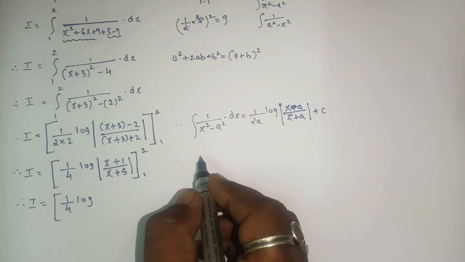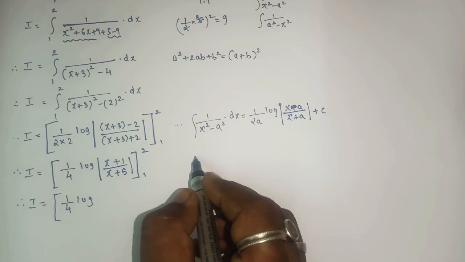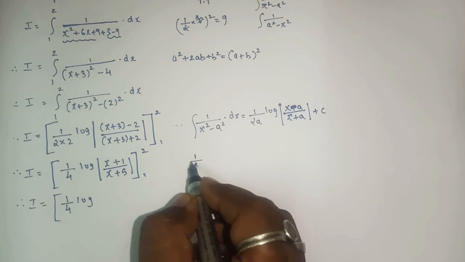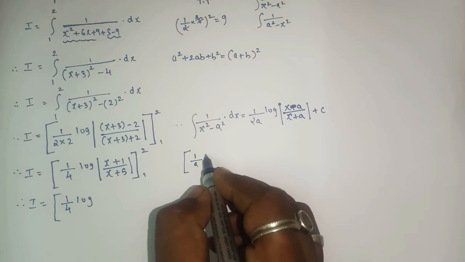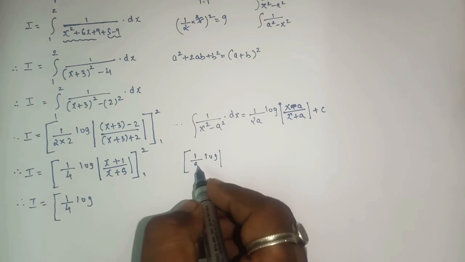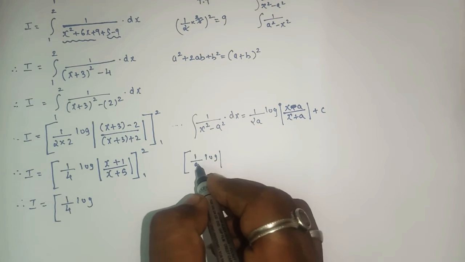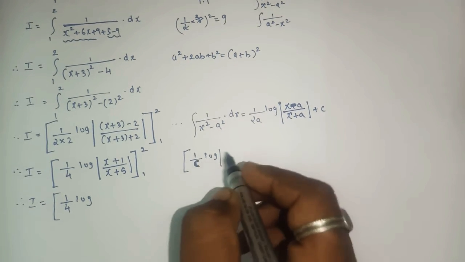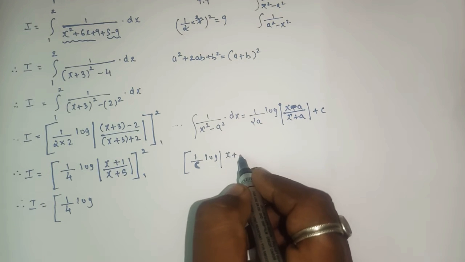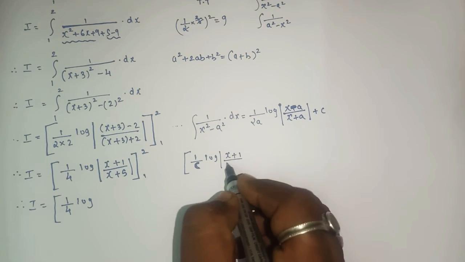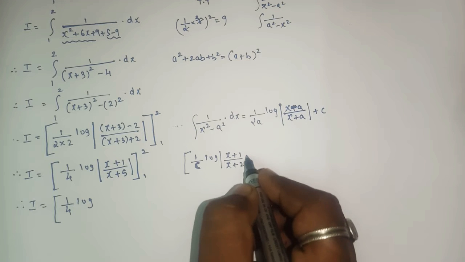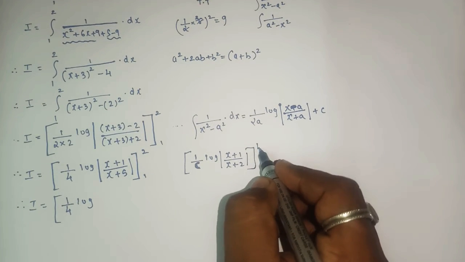When you put the value, suppose I have 1 upon c log of x plus b upon x plus a.